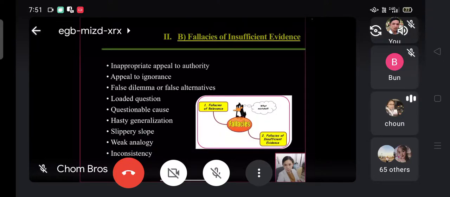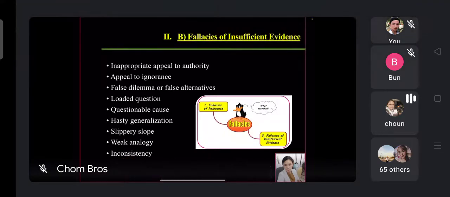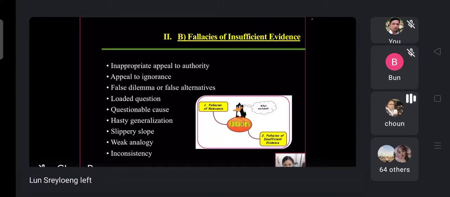Second point, appeal to ignorance. Third is the fallacy of limiting the alternatives. Fourth is loaded question. Fifth is questionable cause. Sixth is hasty generalization. Seventh is slippery slope, eighth is false analogy, and ninth is inconsistency.